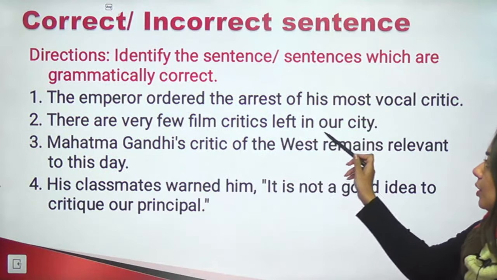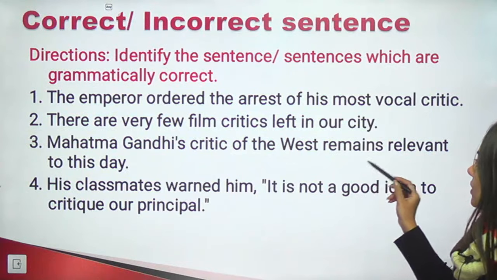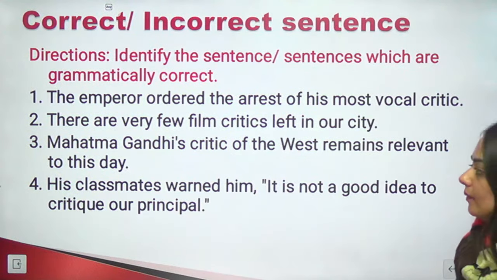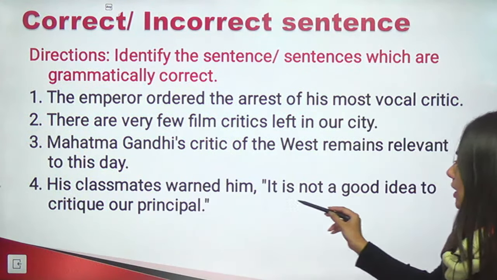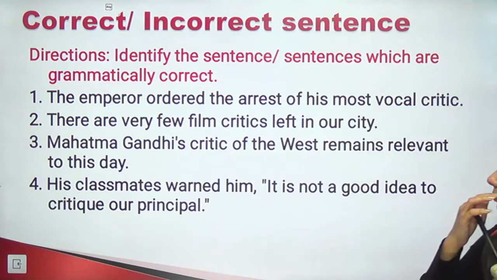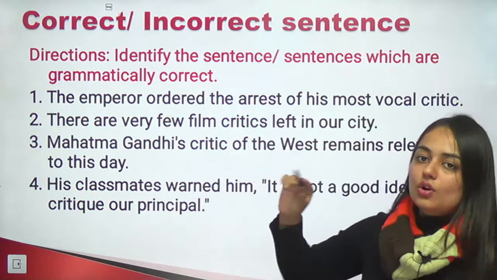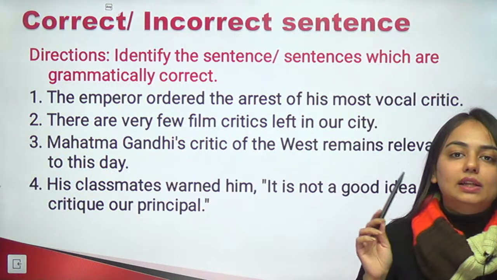There are very few film critiques left in our country. Mahatma Gandhi's critique of West remains relevant to this day. His classmates warned him it is not a good idea to critique our principle. You have to choose sentence or sentences which are grammatically correct.